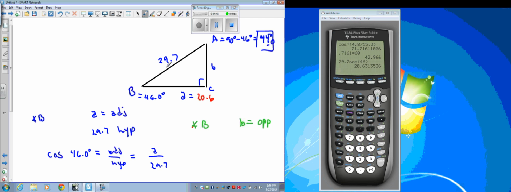And then the other thing I know is the hypotenuse. Now, what trig function am I going to use? I'm going to use sine. I'm going to use the sine of 46, and opposite is going to be B, and hypotenuse is 29.7.